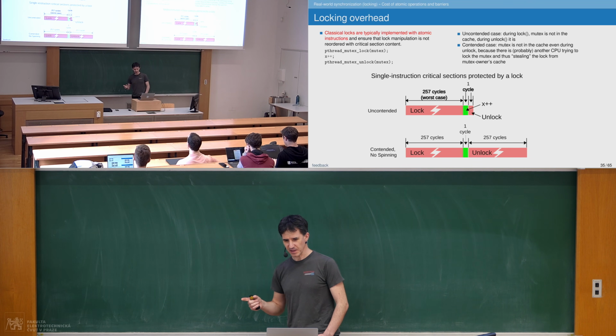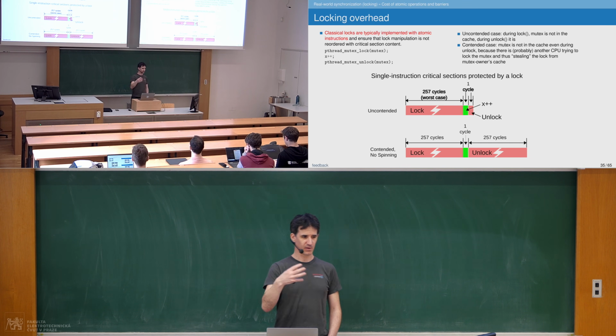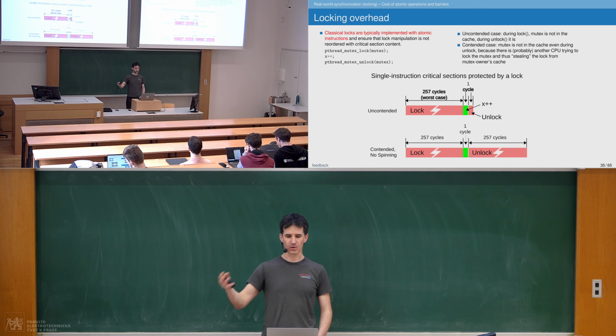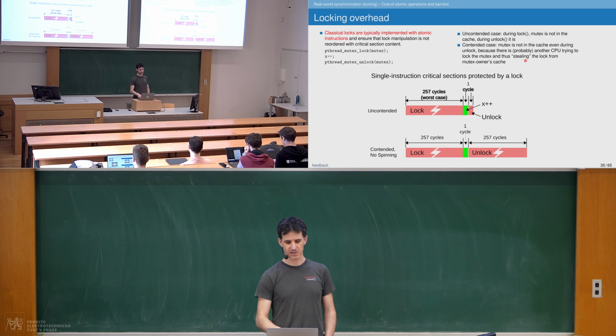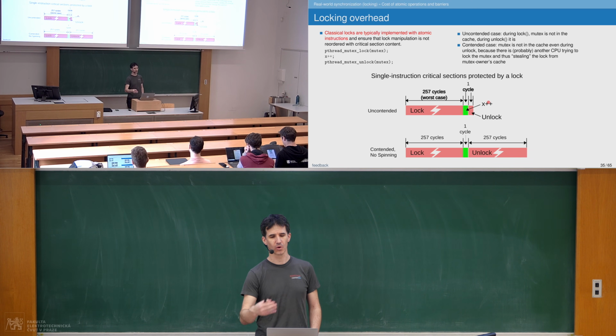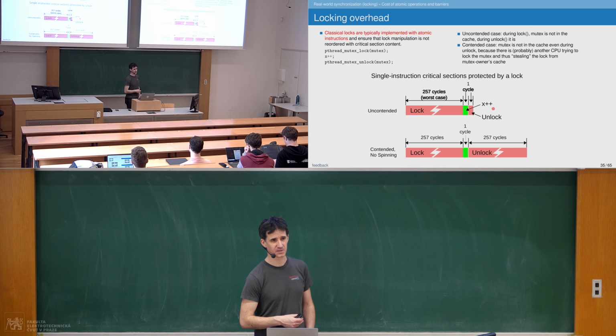So typically what you do with a mutex, you lock the mutex, perform the critical section, and unlock the mutex. So now imagine that the critical section is just an increment of a single variable. So you want to lock a mutex, do this increment, and then unlock the mutex.